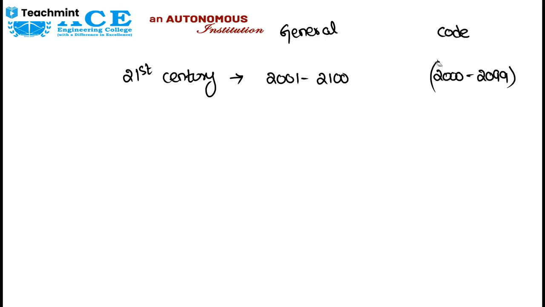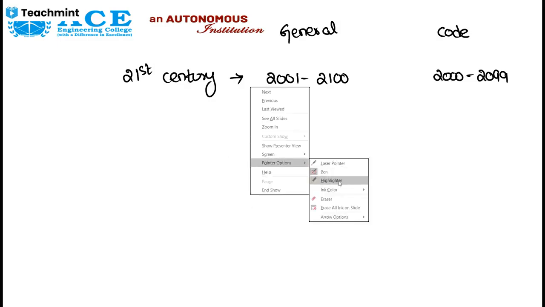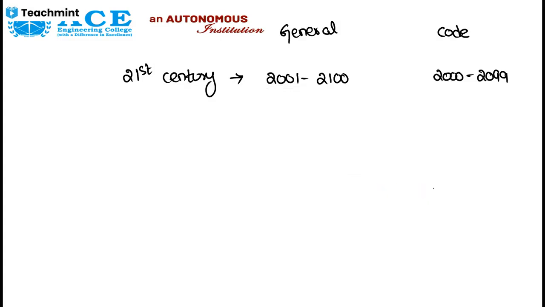Okay, this is the update. Please consider it for this code, for this topic, while doing date and day, not for the entire topic. For code purposes, 2000 to 2099 you have to consider as the 21st century. Similarly, the 20th century in general means from 1901 to 2000, my dear friends.